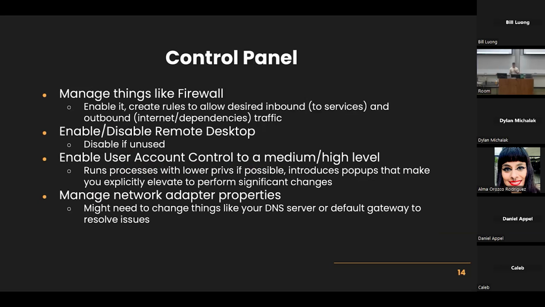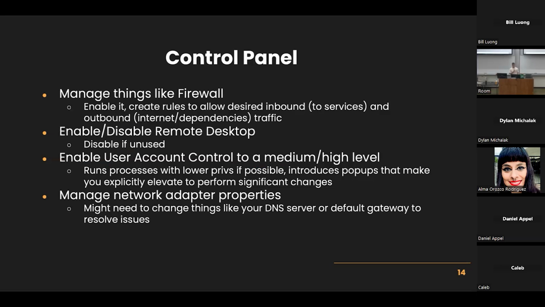The control panel has a lot of important things in it. It's where you can interact with the firewall GUI to enable and create firewall rules for different services or ports or whatever. It can be used to manage whether remote desktop is enabled, which definitely you don't want to have on if you're not using it, because that can be a pretty big access point.